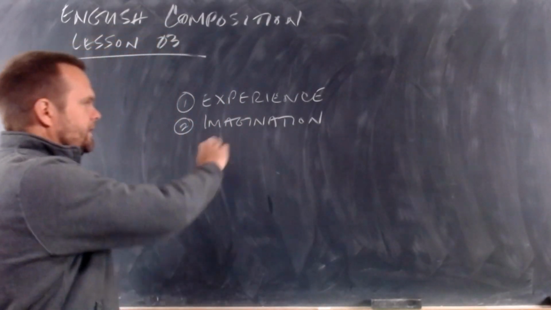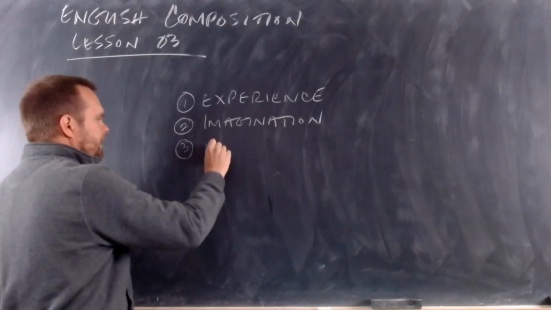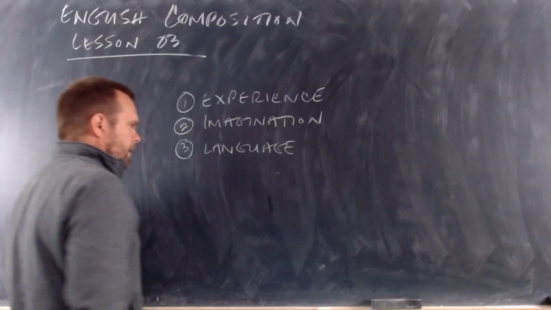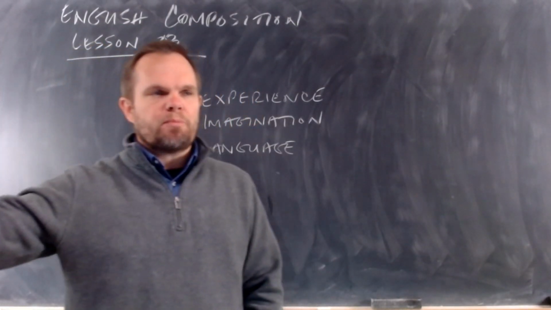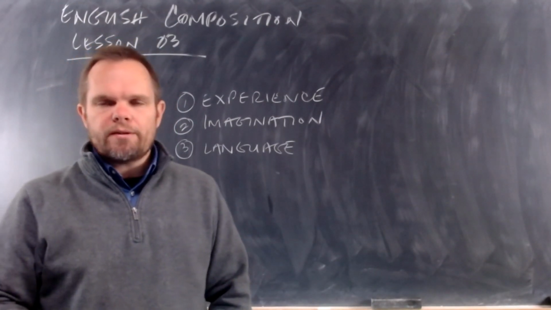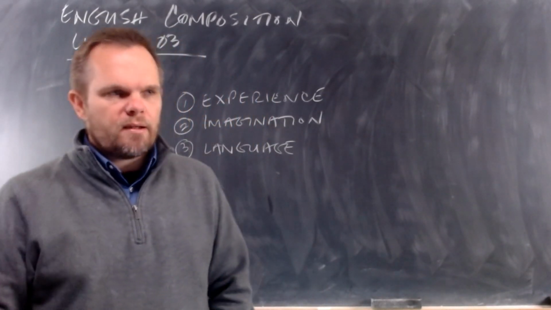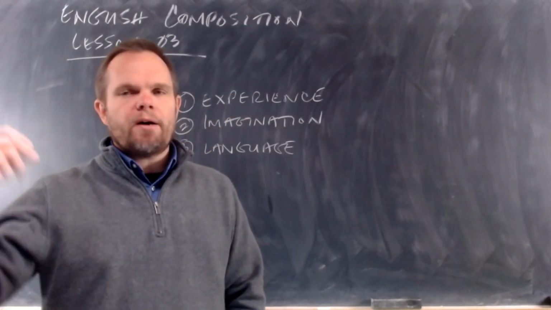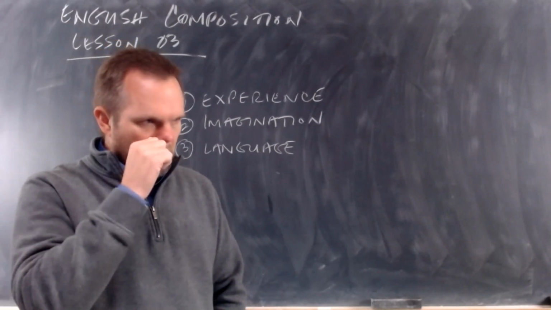So imagination is the second source of ideas, and the third source of ideas is language. And through language, we can learn ideas from other people's experience and other people's imagination. So through language, by speaking to people, by reading what others write, we can learn ideas from other people's experience and other people's imagination.